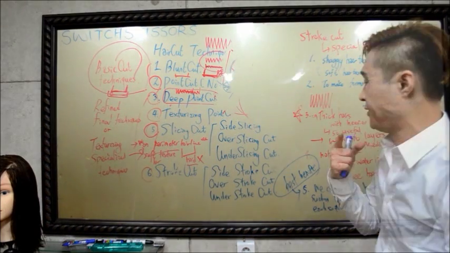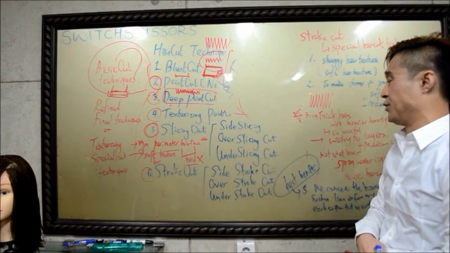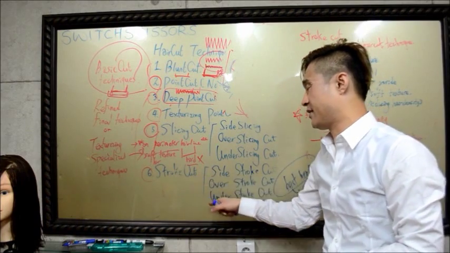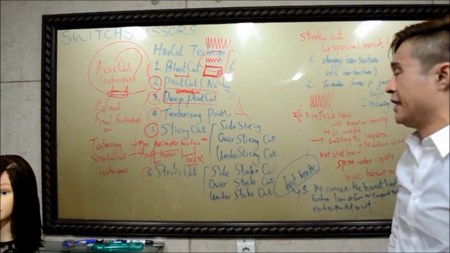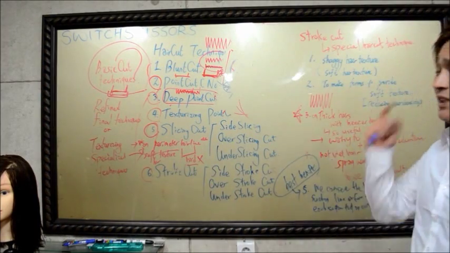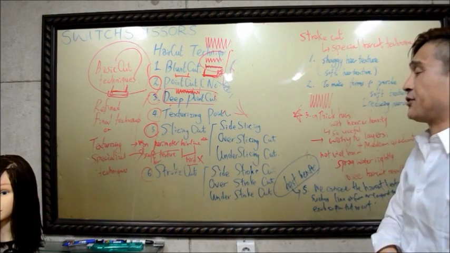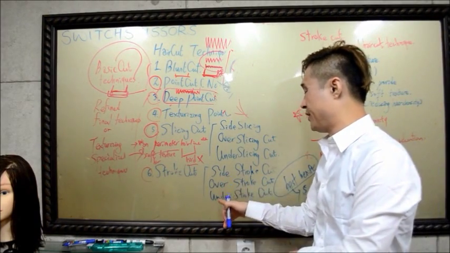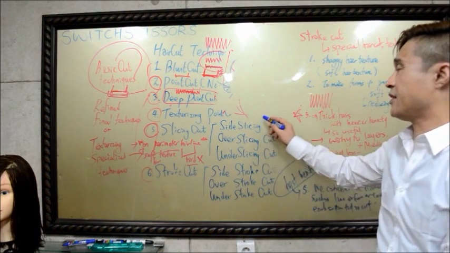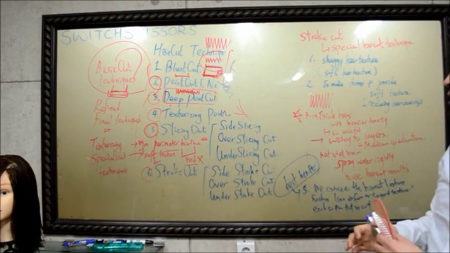On your stroke I will explain the slicing cut: the side of and under slicing, and also stroke is the side of and under stroke. The only different word is slicing or stroke.